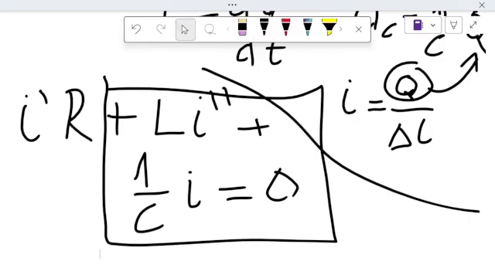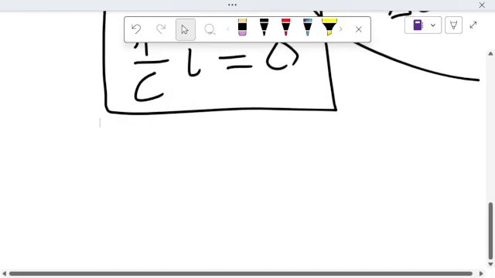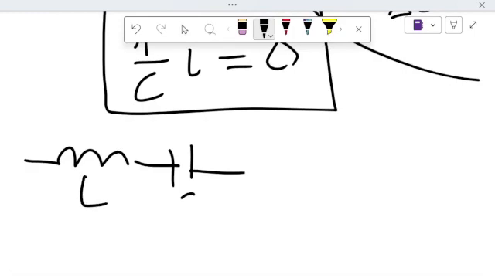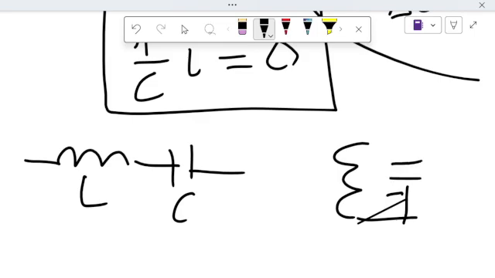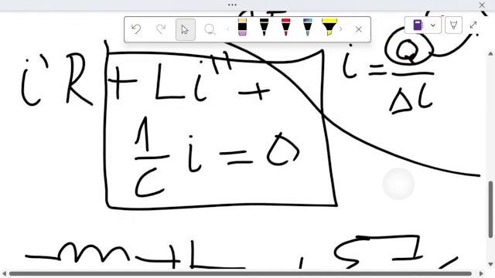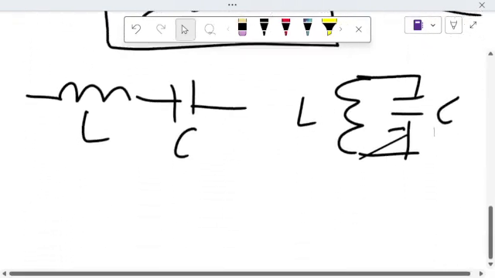I said many times we have something like this in an oscillator circuit, or something equivalent in a parallel oscillator circuit. So I will take just that part, and let's see how we can solve it.